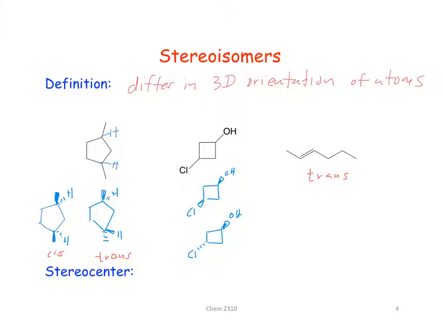So let's go back to those. This would be cis, right? Because these two groups are on the same side. And this one is trans because they are on the opposite side.